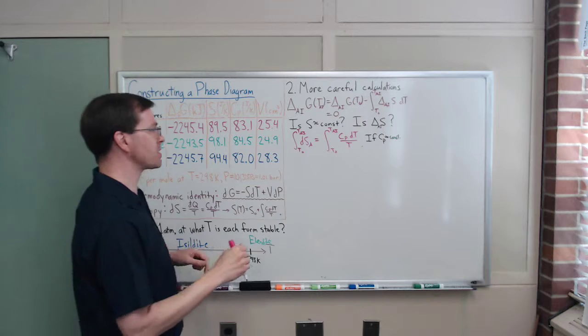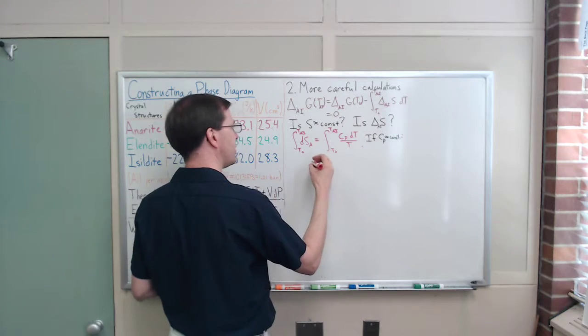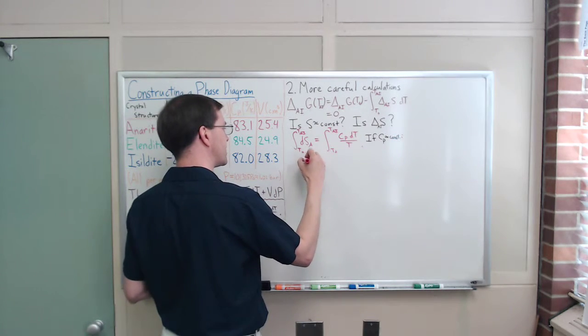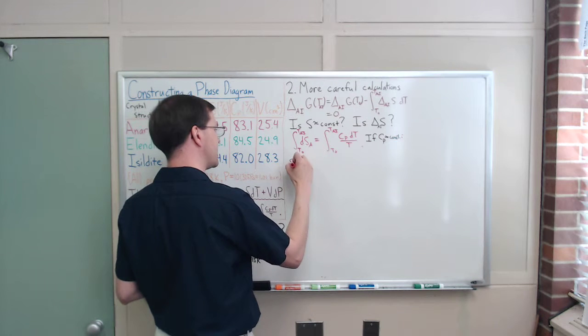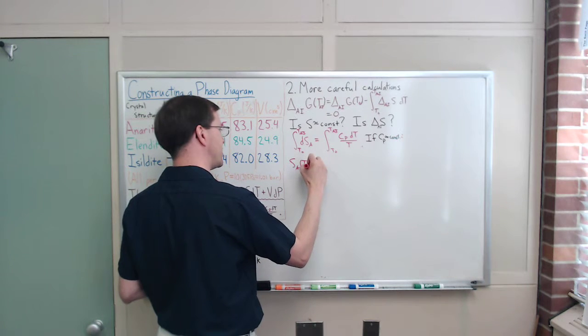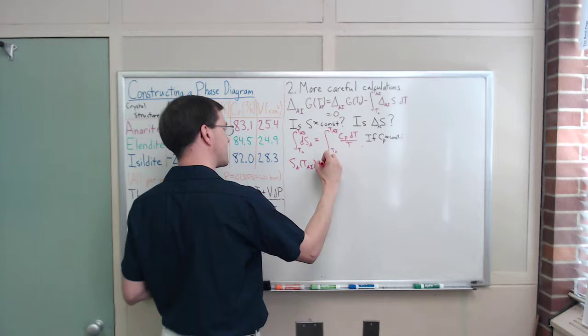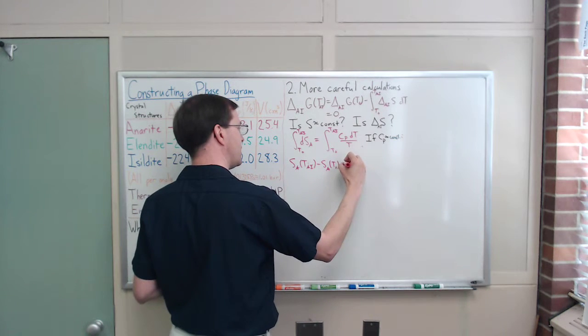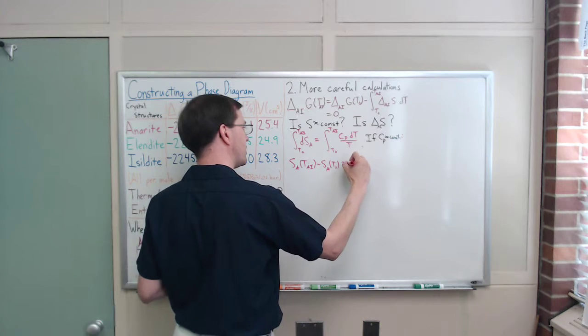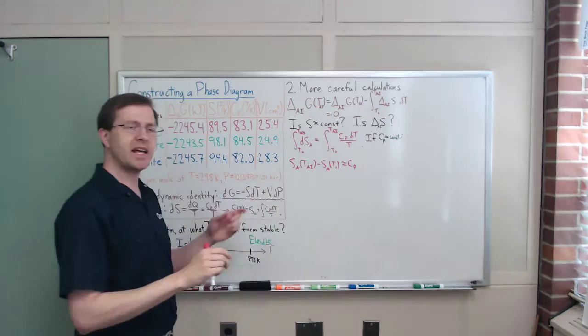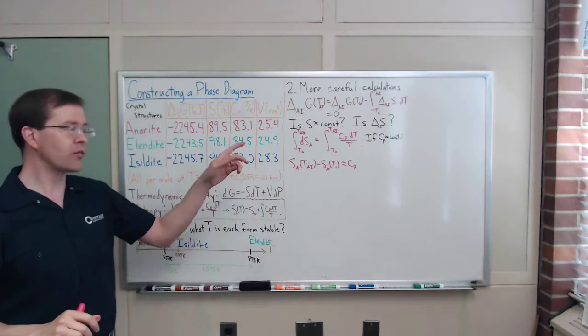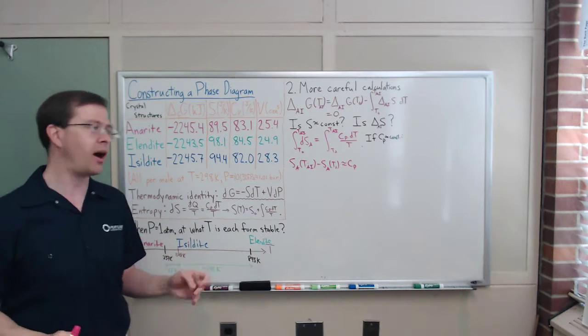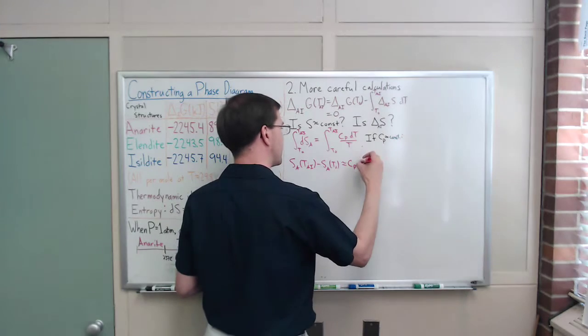But if Cp is approximately constant, then the left-hand side, anorite's entropy at temperature TAI minus anorite's entropy at temperature T naught, should be approximately equal to Cp, factoring out the constant, times the integral of 1 over T dT, which is a natural log.